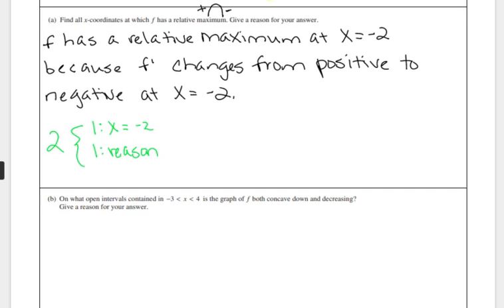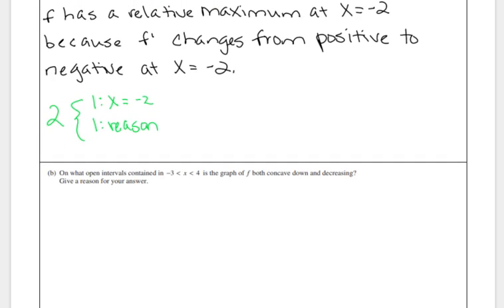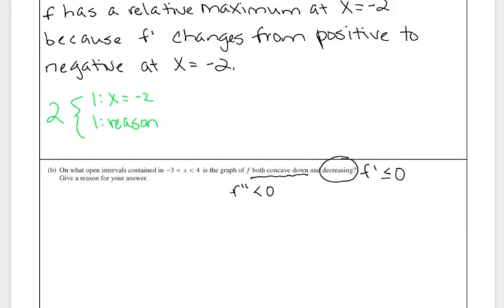All right, moving on to part B, it says, where is the graph of f both concave down and decreasing? So for f to be concave down, we know that we're going to be looking for where f double prime is less than 0. And for f to be decreasing, we're going to be looking for where f prime is less than or equal to 0. So since we're given the graph of f prime, if I want f prime to be less than or equal to 0, I want to look below the x-axis.